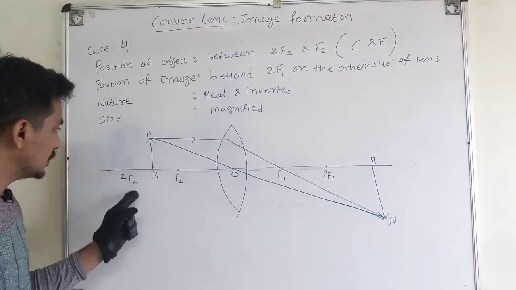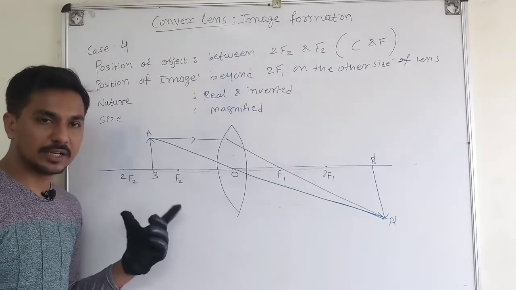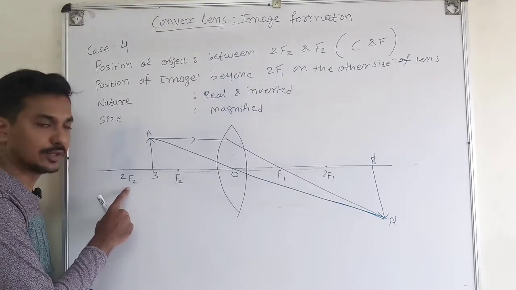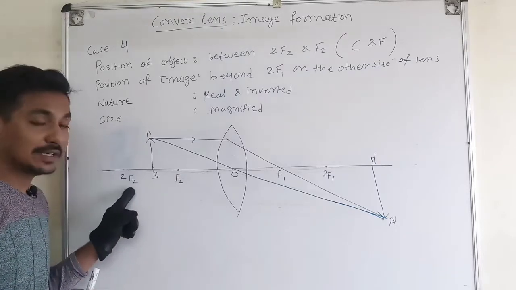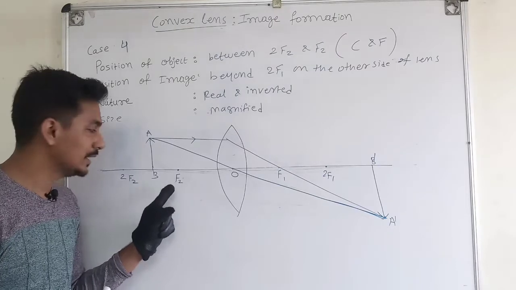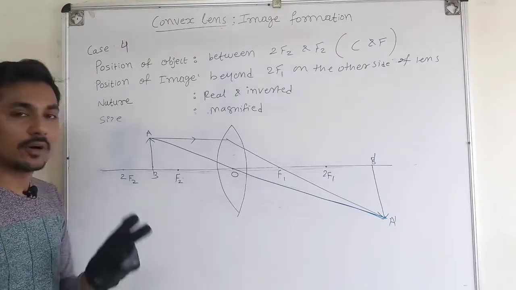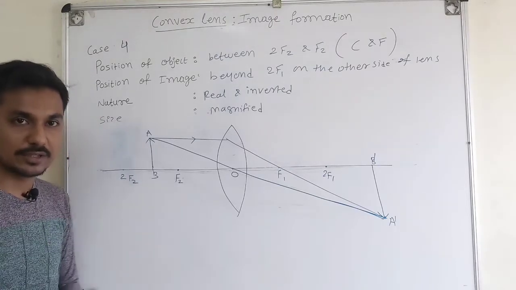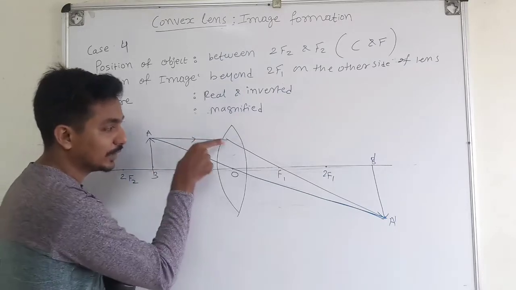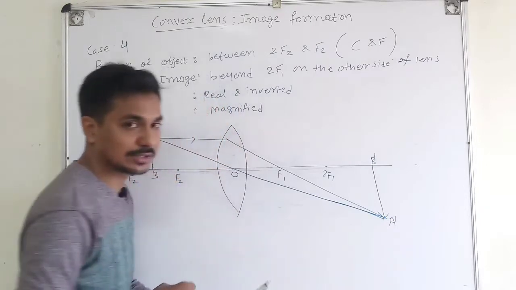Okay, so now let us see case number 4. In case number 4, we are placing the object in between f2 and 2f2, that is between the center of curvature and the principal focus of a convex lens. Now we need only 2 rays to get the image. Rule number 1, the parallel ray after refraction will pass through the focus.